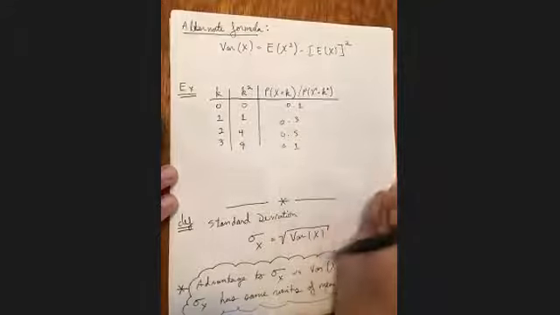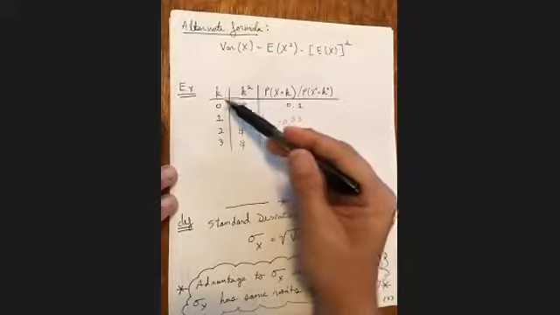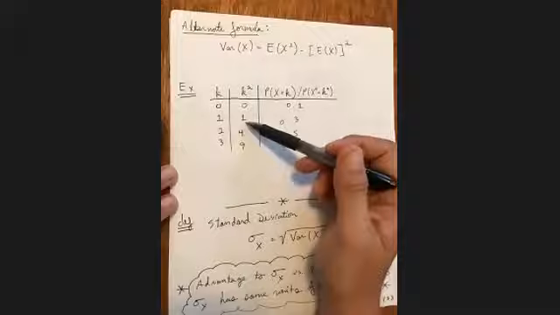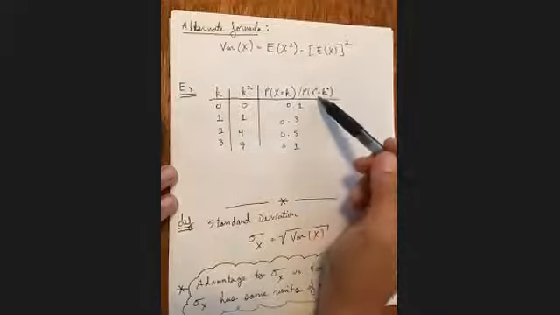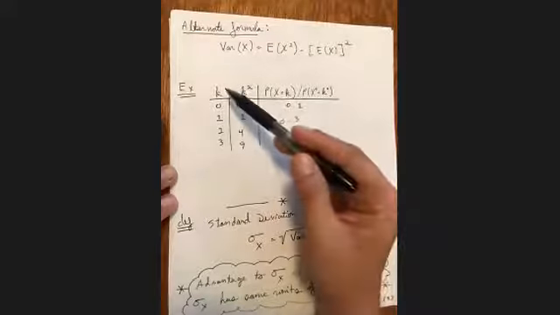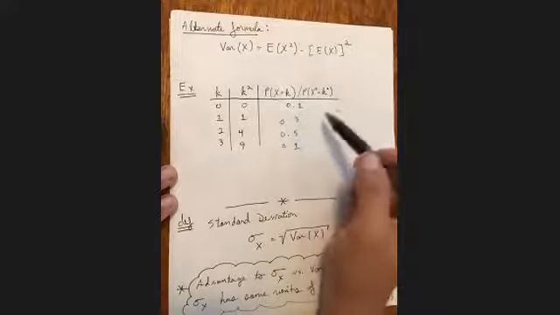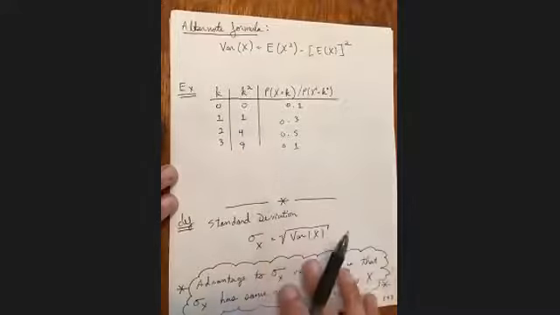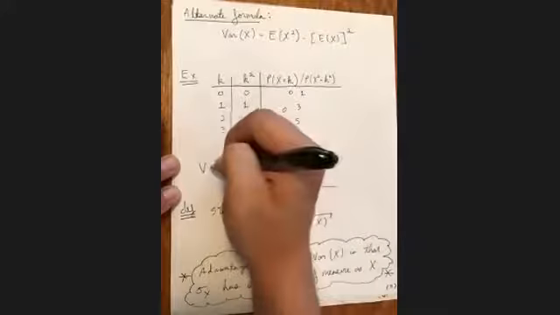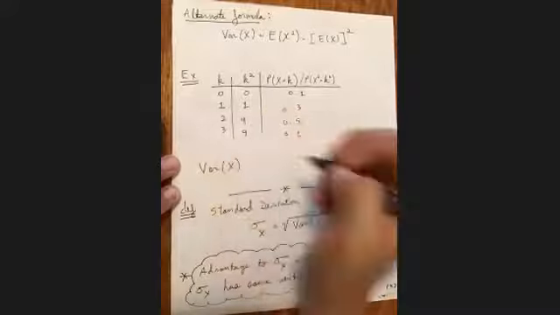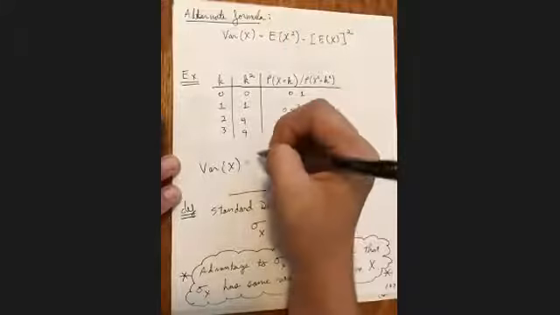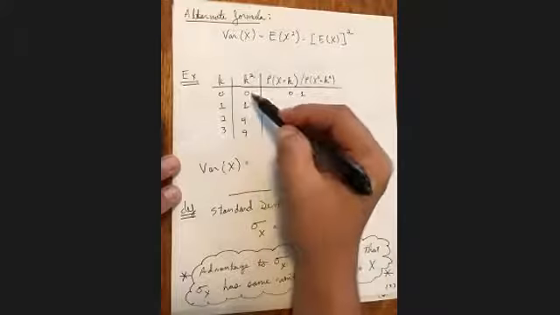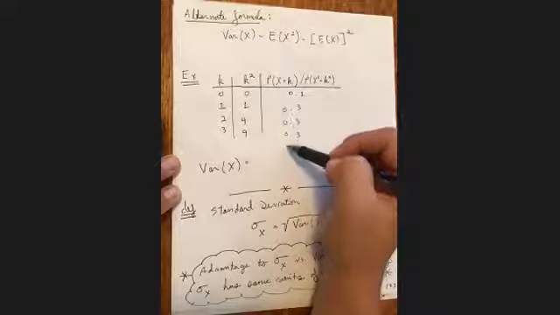So I'm using the same probability distribution as before. Here are the values 0, 1, 2, 3. And then here are the squares of those values, 0, 1, 4, 9. Now, as it turns out, the probabilities for x and x squared are the same. So you have the same probabilities for either values. So in order to compute the variance, we need to compute the expected value of x squared, which would be take these values and then multiply by their probabilities.